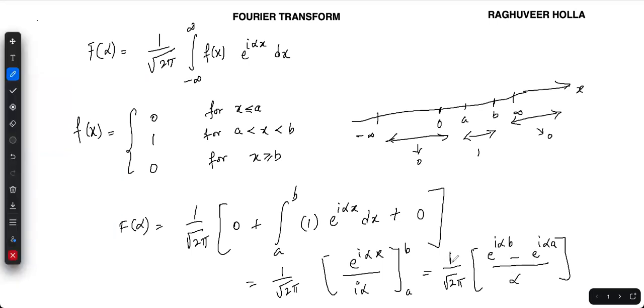We have i in the numerator and minus 1, so this is your final result.